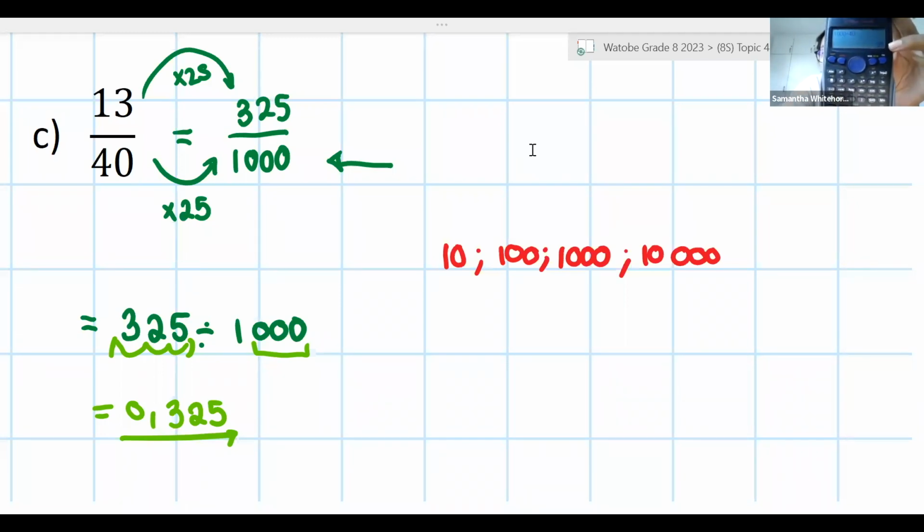And because it's a whole number, I know that 25 times 40 gives me 1,000. So it's a bit of trial and error to start off with. Okay, thank you, ma'am. Obviously, guys, if you know your times tables really well, like your 25 times tables all the way up to 40, you'll probably know this, but I'm impressed if you know that.